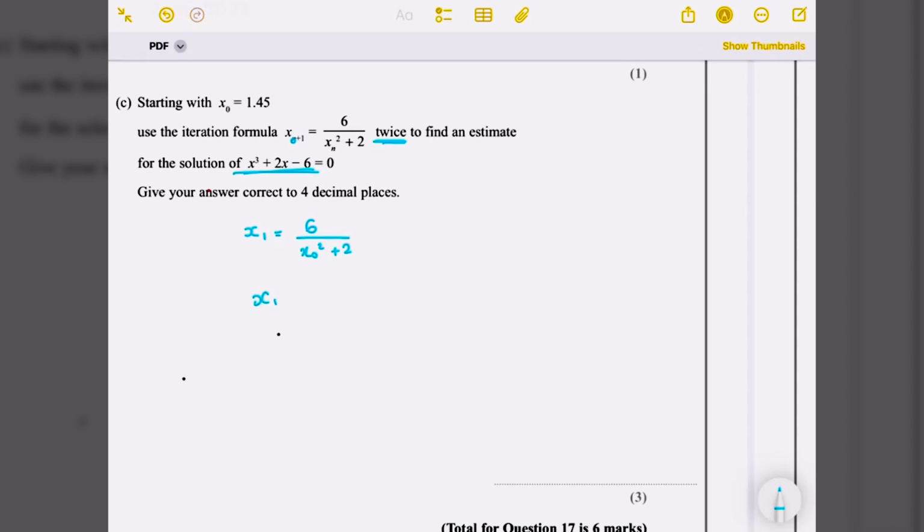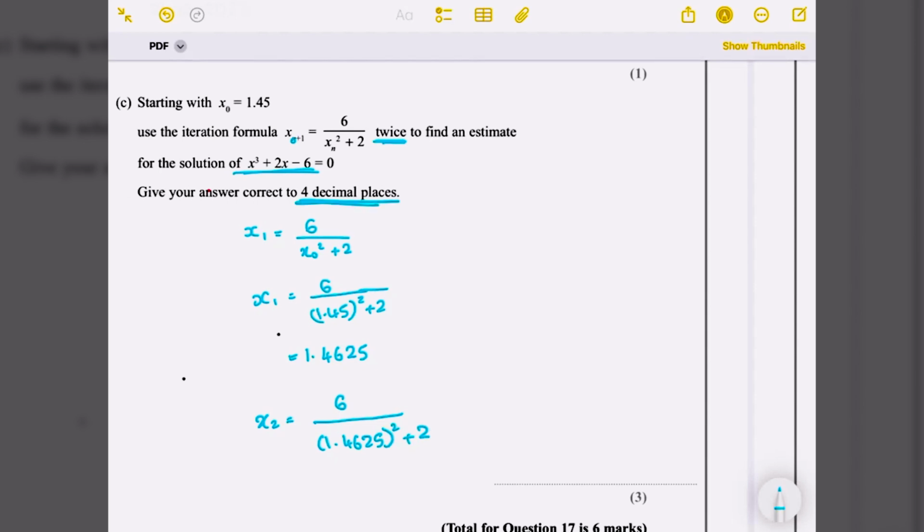So x1 equals 6 over 1.45 squared plus 2. With the iteration formula, you're just basically using the previous answer each time, giving 1.4625. So we did it once, let's do it again for x2. We're going to use the previous answer, so x2 is 6 over 1.4625 squared plus 2.